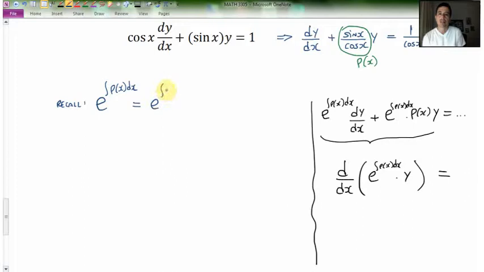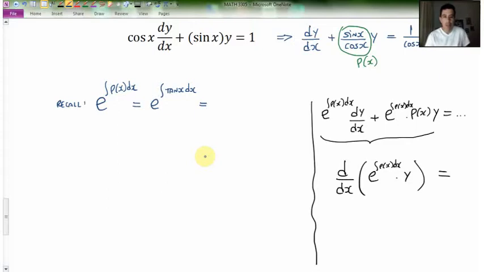Integral of sine over cosine, that's tangent. And now integral of tangent, if you look at the integration table at the beginning of the book on the cover, I'll provide the integration formulas for you on the test.